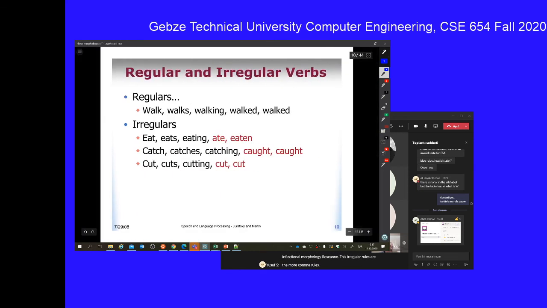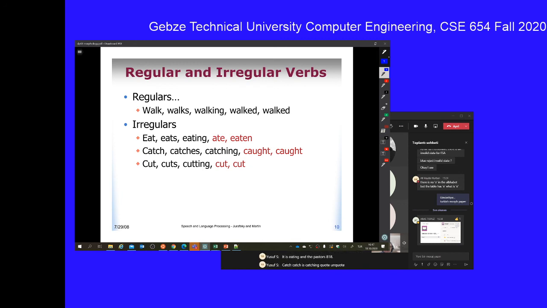For the regulars, everything is fine. Walk, walks, walking, walked, walked again. These are inflectional forms of the verbs. Again, for the irregulars: eat, eats, eating, and the past tense ate, eaten; catch, catches, catching, caught.